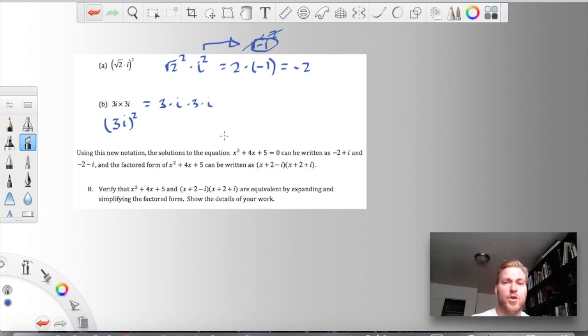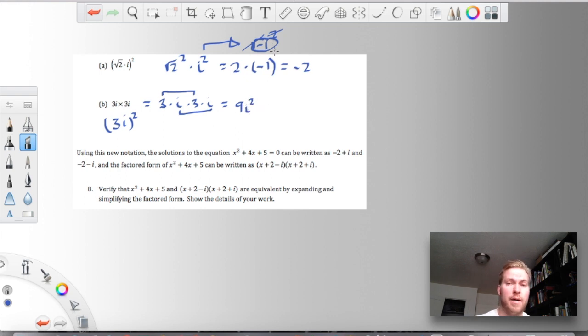Because multiplication is associative, I can rearrange that and multiply the pieces together that I want. In other words, I can multiply my real number portions together and then multiply my imaginary components together, okay? If I did that, I would get 3 times 3, which is 9, and then i times i, which is i squared.